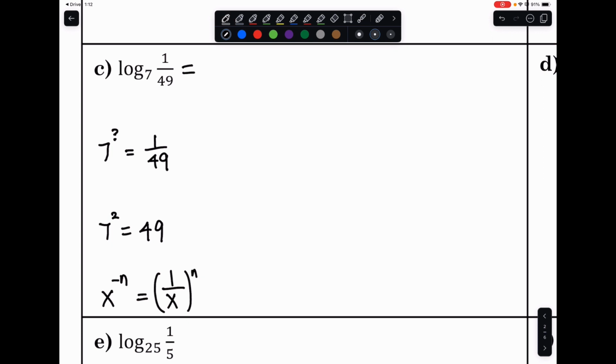So if 7 to the second power is equal to 49, then that would mean that 7 to the negative second power would be 1 over 49. So this exponent here has to be negative 2. So our answer is negative 2.